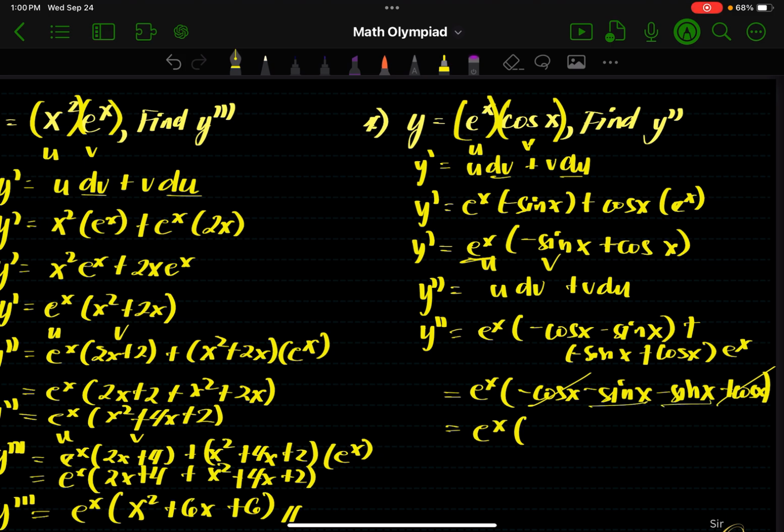Negative sine x minus sine x is negative 2 sine x. Then simplify, we have negative 2 e raised to x sine x, the product of e raised to x and negative 2 sine x. And this is our second derivative.